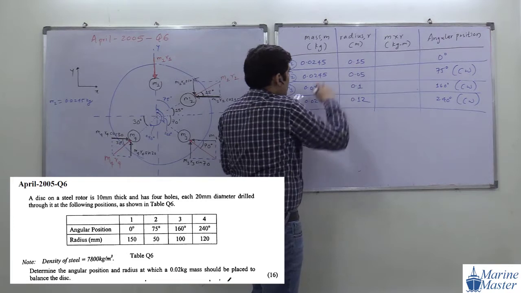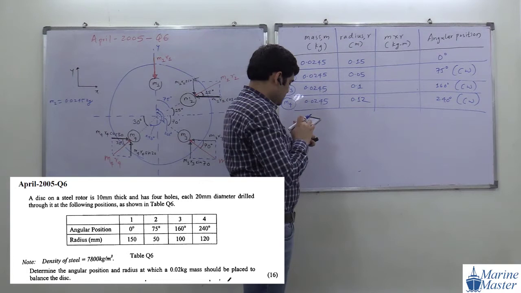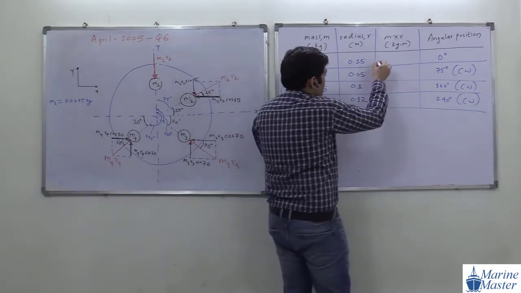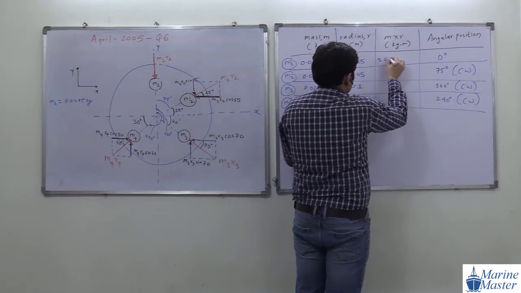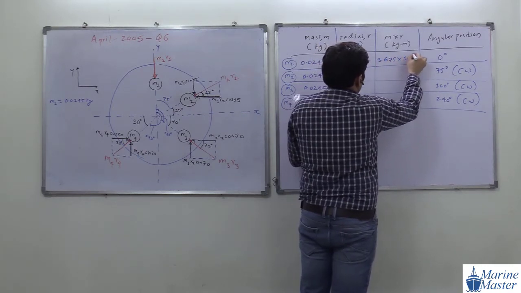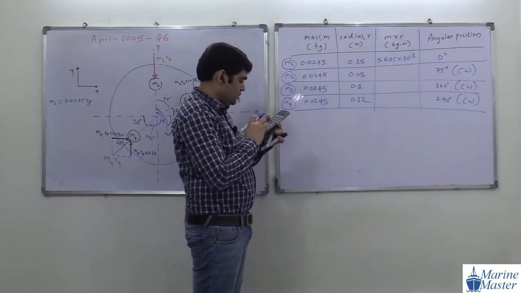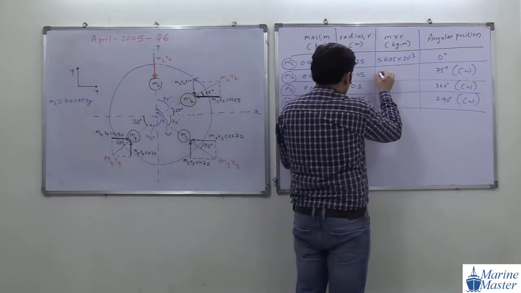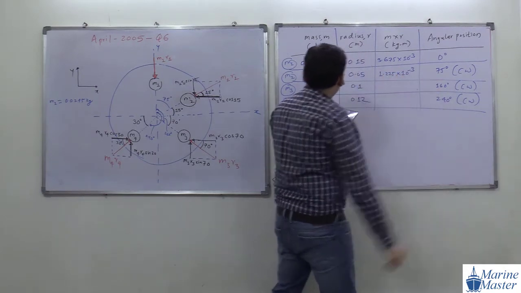Okay, now the multiplication of these terms. What will be the multiplication guys? 0.0245 multiplied by 0.15, how much? 3 into 10 raised to the power minus 3. Then 0.0245 into 0.05, how much? Minus 3. Okay, good.